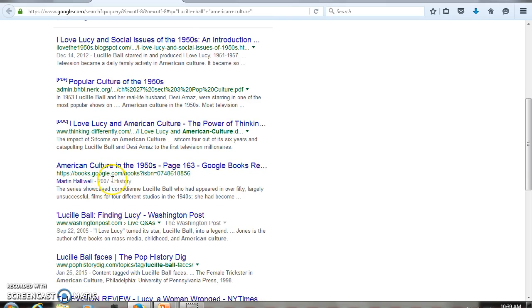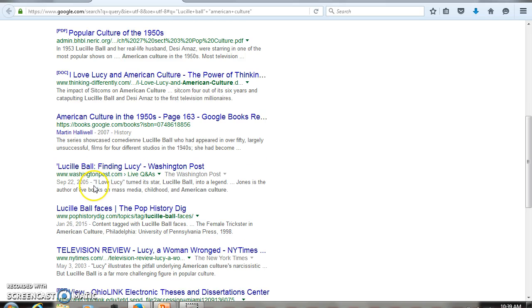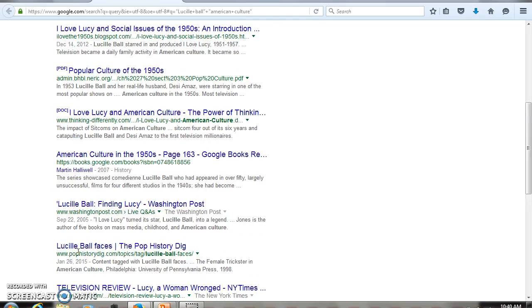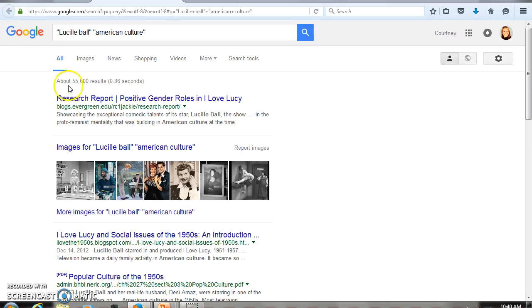And here I get a book. And here I get Washington Post, which is a good newspaper, and a New York Times review. And I have a PDF. So that returns some pretty good searches. And there are only about 55,000 of them. I'm never going to go through 55,000. So it's best to narrow it down as much as you can.